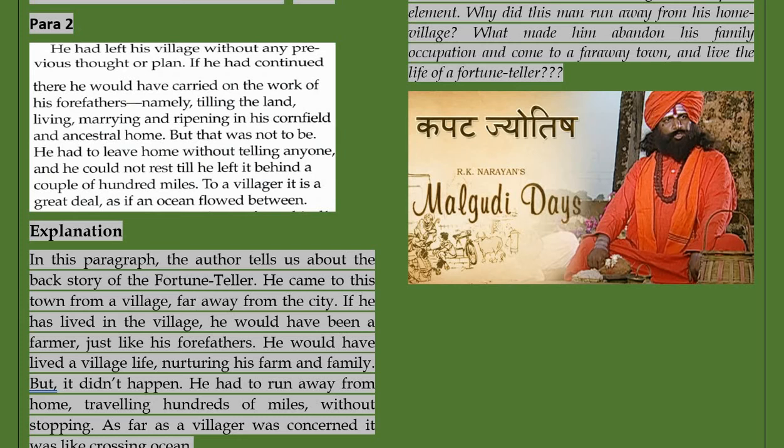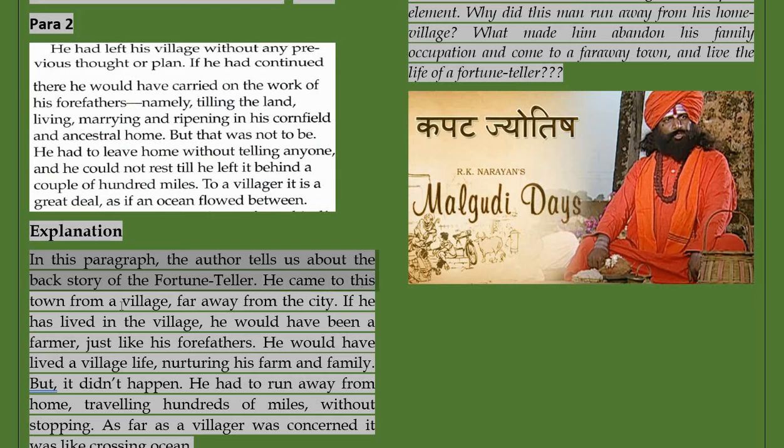I will be explaining the para. In this paragraph, the author tells us about the backstory or the flashback of the fortune teller. What all things happened in the past of the fortune teller.